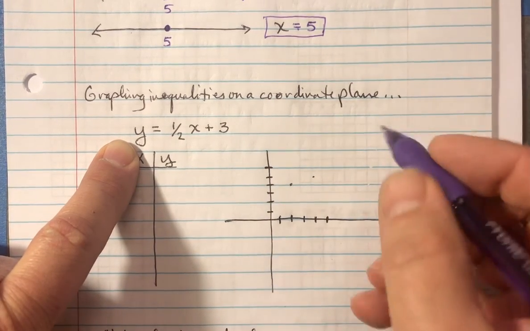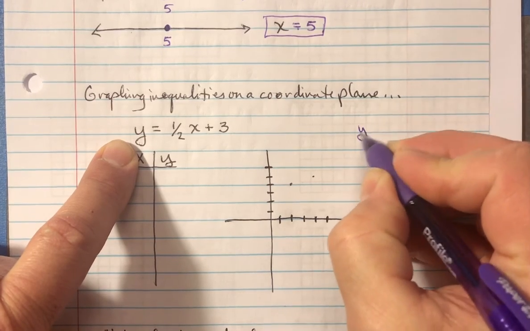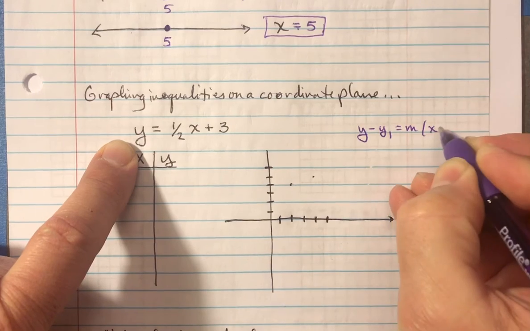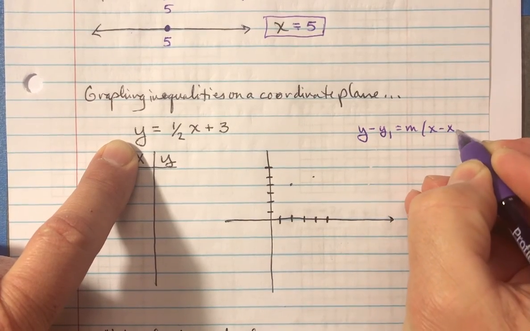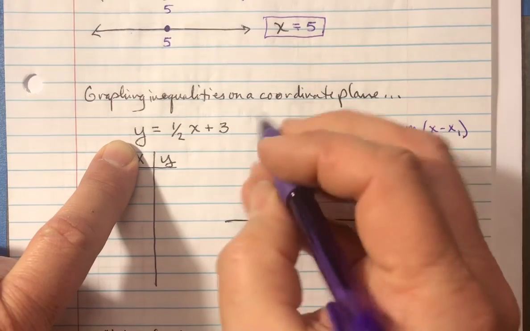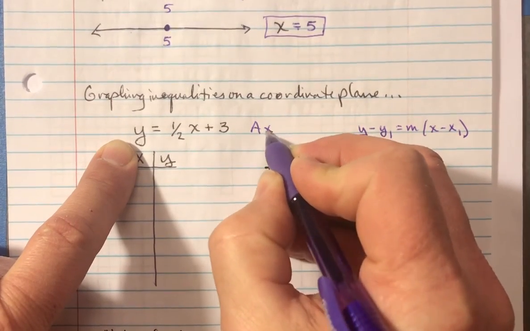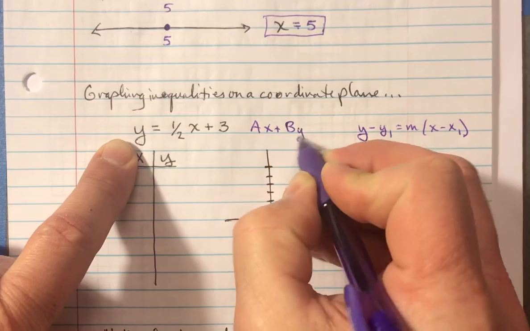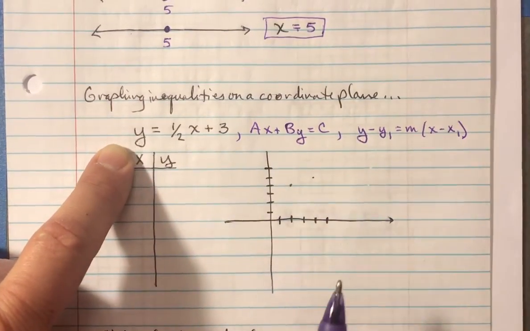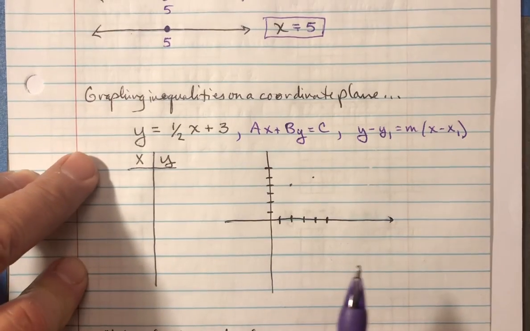And we also did point slope form, which was y minus y1 equals m times x minus x1. So this was point slope form. And I mentioned standard, so I'll just write it here, ax plus by equals c. So these are the 3 forms that we talked about.